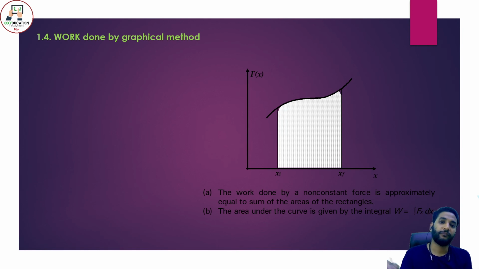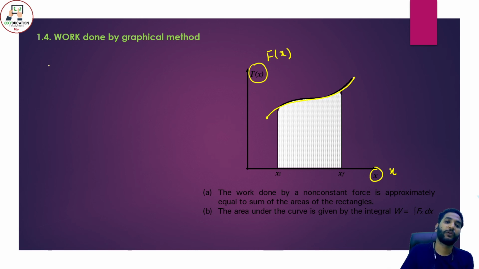Now, a variable force was acting there, and let's suppose it has some graph like this. Then how will you get the value of work done with the help of the graph? Which graph? The graph of force, which is a function of x, versus x. Okay, we know work done is equal to integration of F dx.